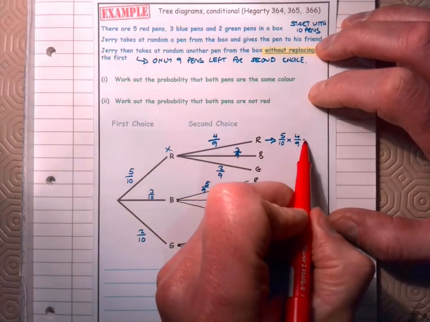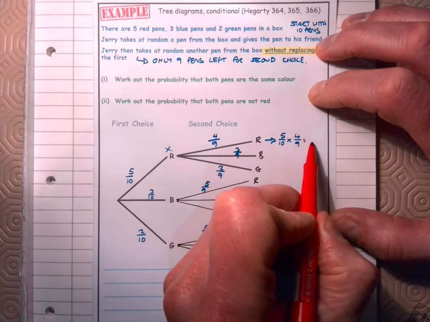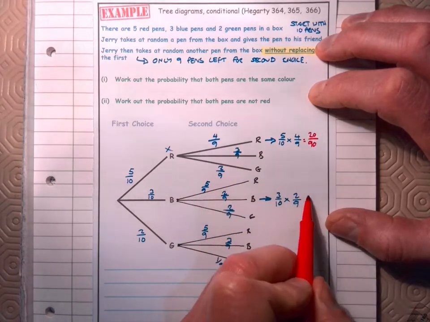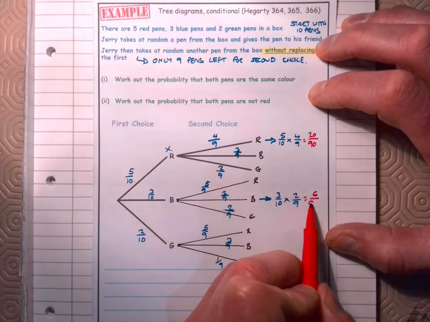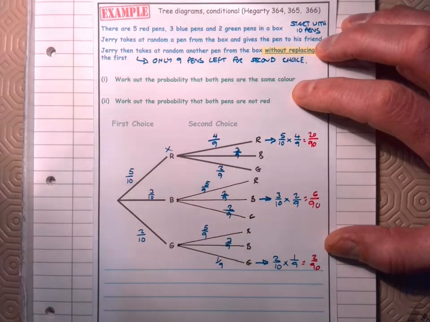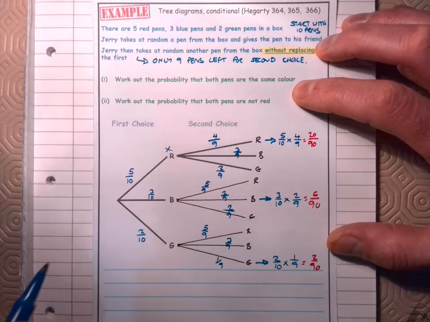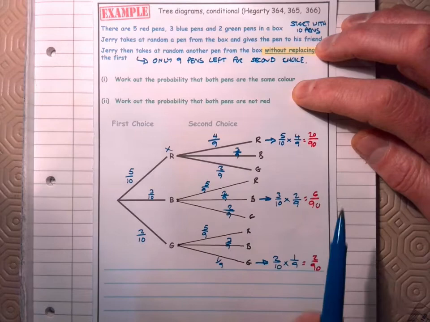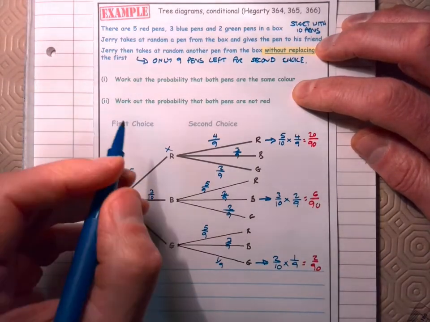So what's on the denominator? 10 times 9 is 90. 5 times 4 is 20. That's going to be 6 over 90. That's going to be 2 over 90. So for the probability that the pens are the same colour, whereas along the branches we were multiplying, now at the end we're adding up the things that we want to bring together.